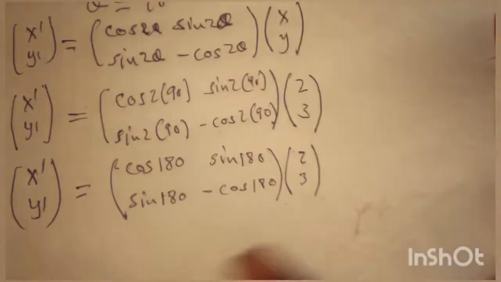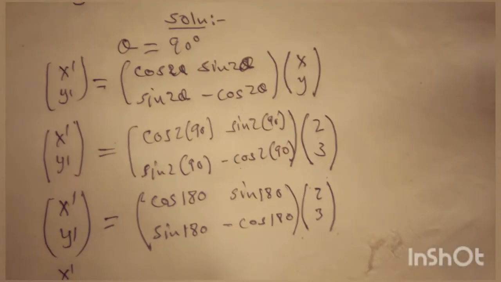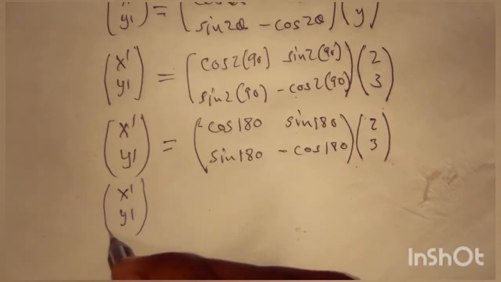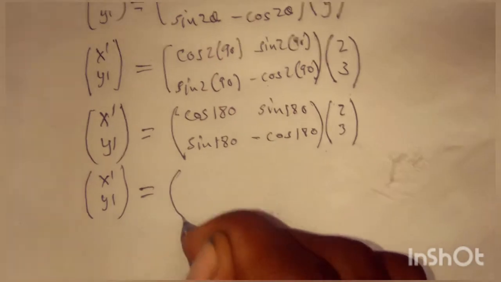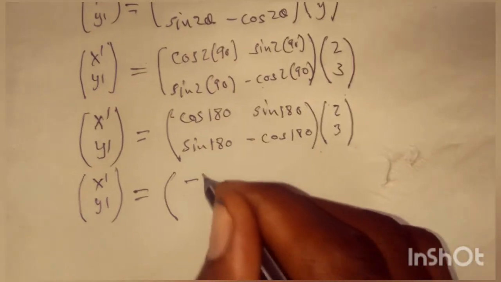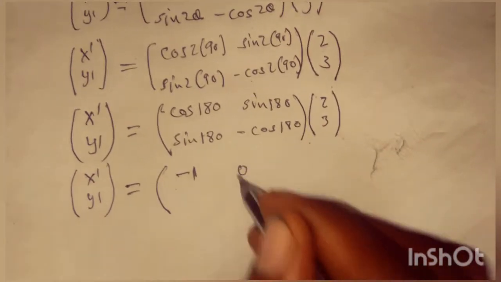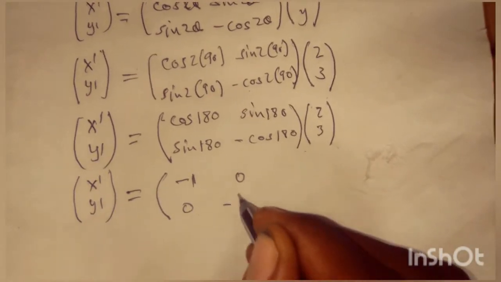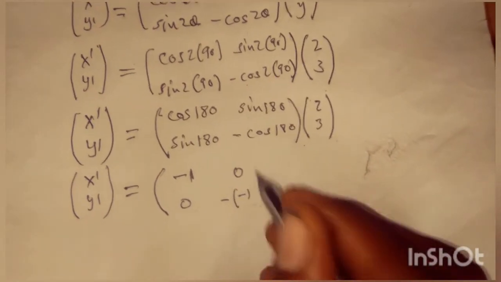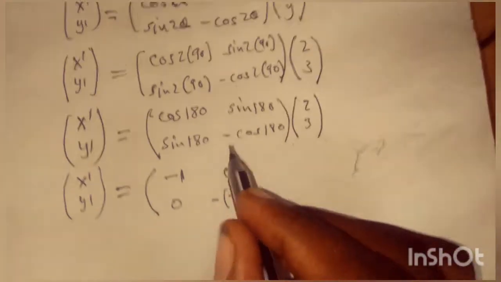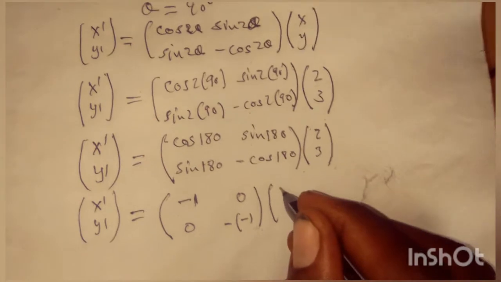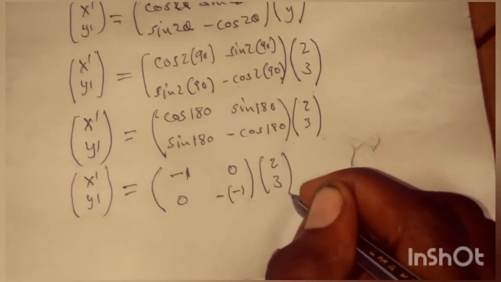So cos 180 is equal to -1, sin 180 is equal to 0, and here there is a negative from the general formula and a negative from the cos 180, so multiplied by the object (2, 3).